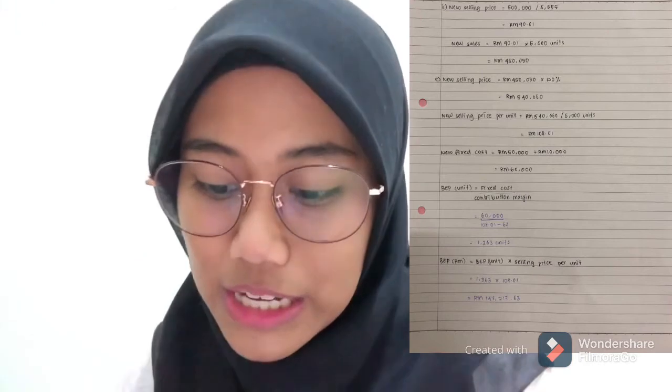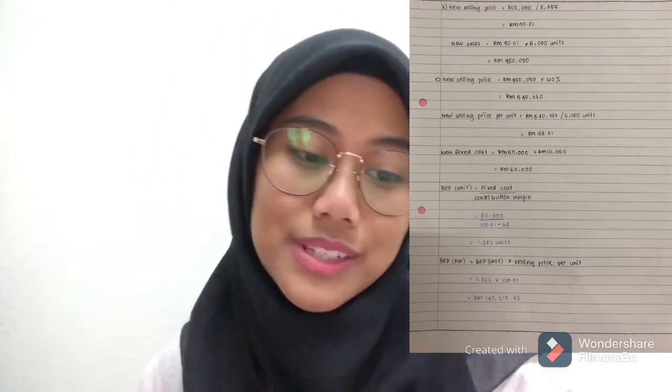I'll proceed with the last question, E, which asks to determine the new break-even point in units and value if Puncak Berhad increases the selling price by 20% and the total fixed overhead by 10,000. The information given here is that the selling price increases by 20%.